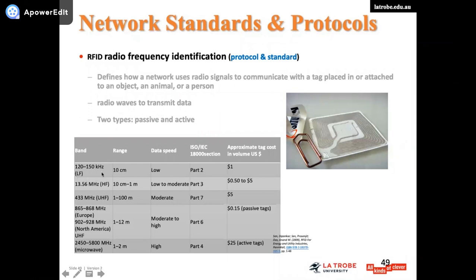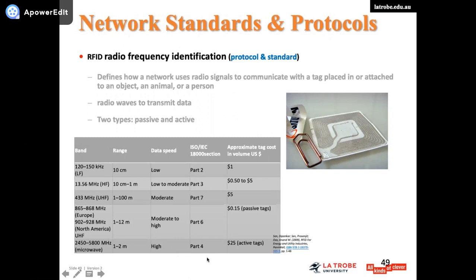For the highest frequency band, it can support up to 5.8 gigahertz, which is in the range of the microwave. In this case, RFID can support very high data rates. But the problem is that this RFID will be very costly and can only be used as an active RFID, so it requires a battery. That's why it's very expensive.